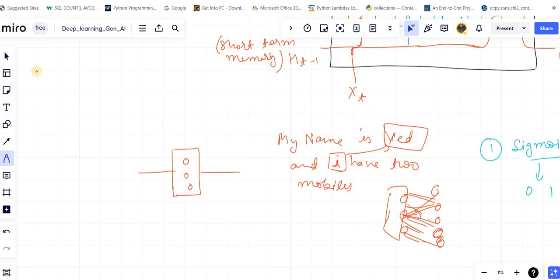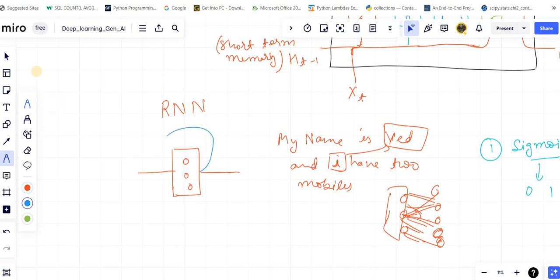That was the issue with the normal neural network, dense neural network, or artificial neural network. Then researchers introduced RNN, recurrent neural network.